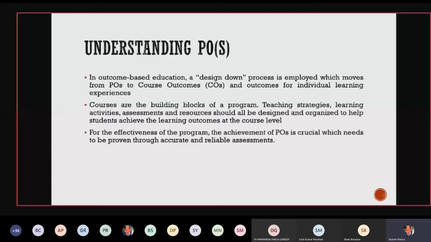We have got the program outcomes. Now we need to frame our course outcomes and then try to attain those program outcomes. So we can say it is a design down methodology. The courses and the syllabus designed by the competent authority are the building blocks of these programs.